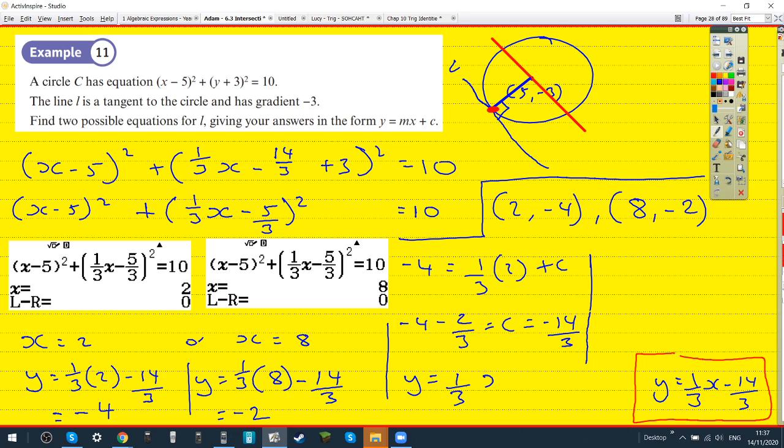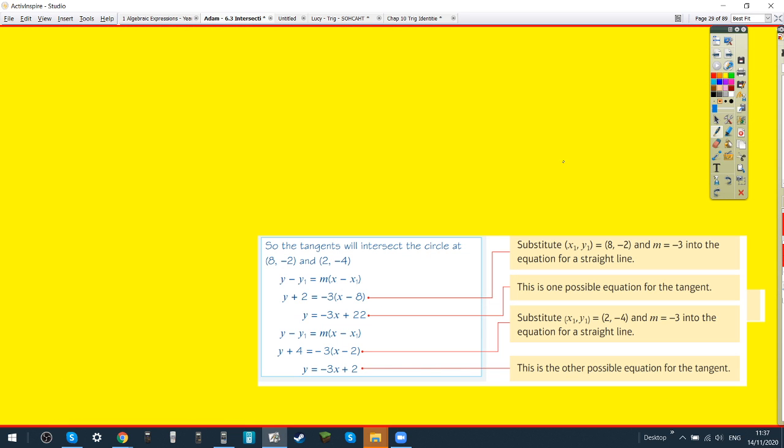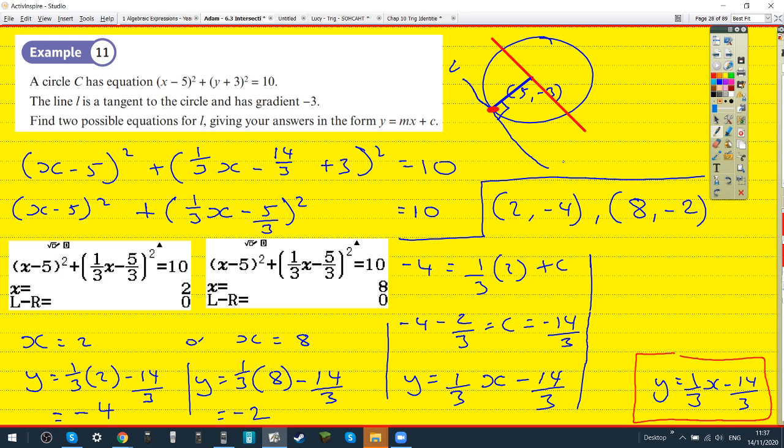X minus 14 over 3. But isn't that the same as the equation that we used? Seems similar. Let me see. So it'd have to be the other one then. Yeah, go on, try the other one.